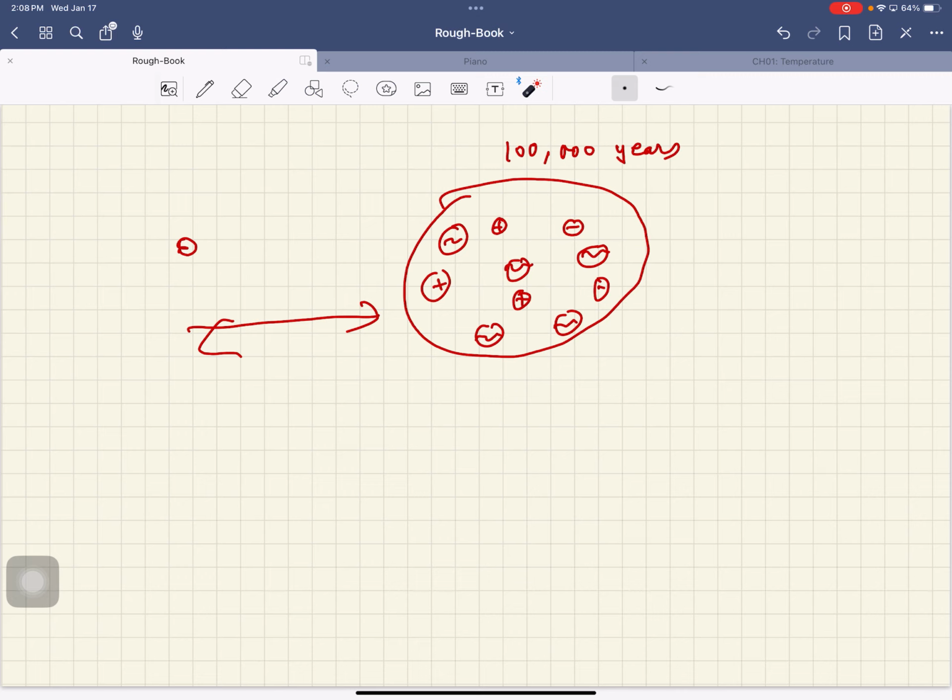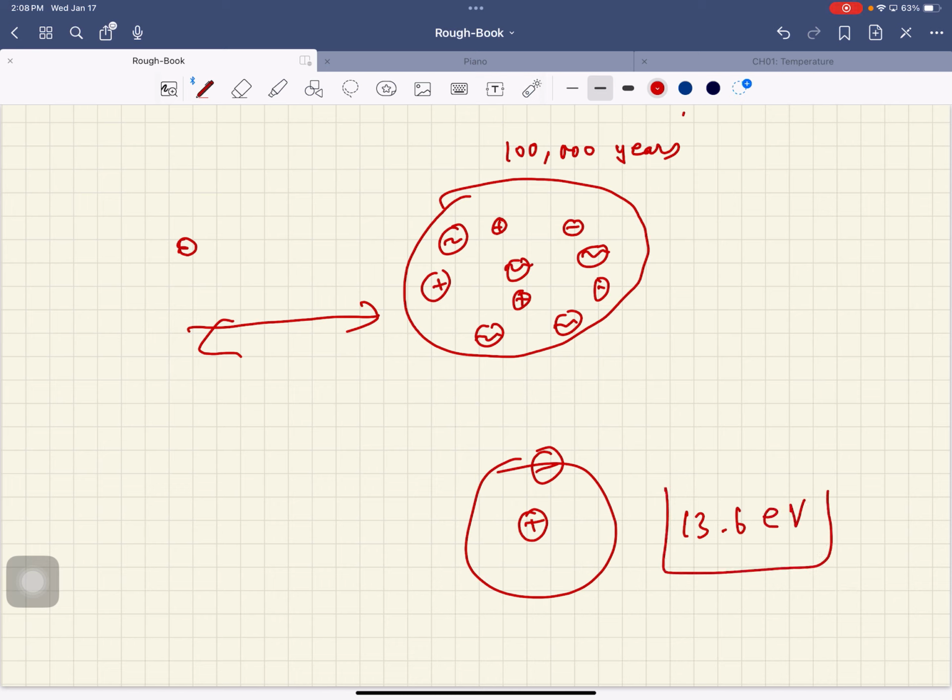I'm going to ask you this again next class, and you're going to remember it, right? Okay, so this is the ground state of hydrogen, and 13.6 electron volts is the ionization energy of hydrogen.